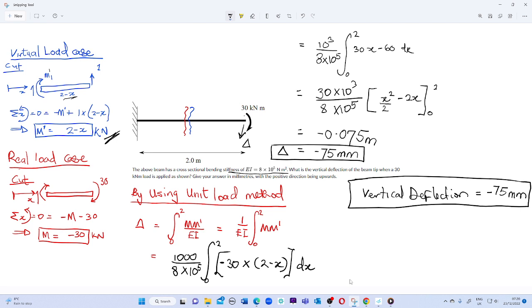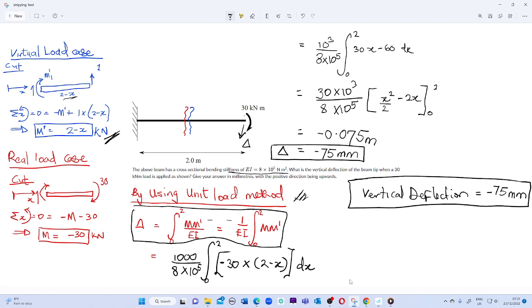Now, by using the unit load method, by using the formula which we are given here, the vertical displacement equals the integral of the product of the virtual load case multiplied by the real load case moment over the stiffness, which is EI, with our integral ranging from 0 to 2. Don't let us forget the length of our beam is from 0 to 2.